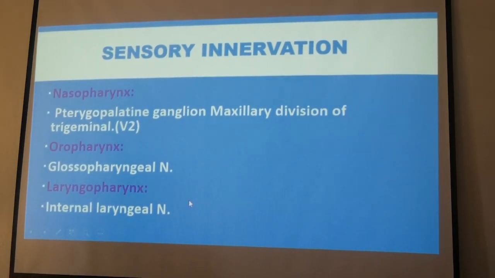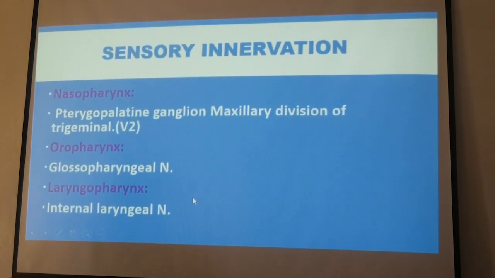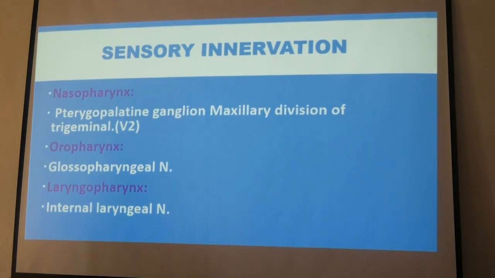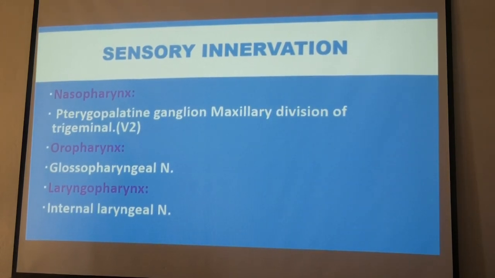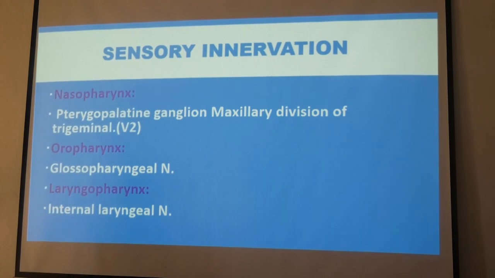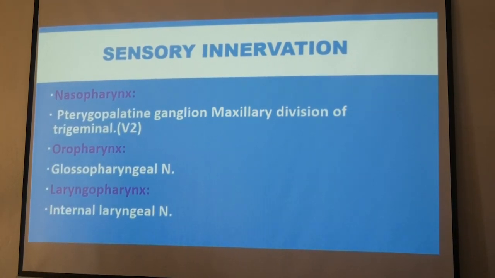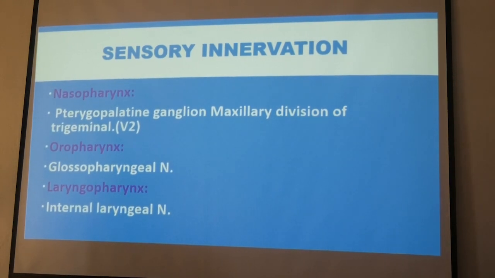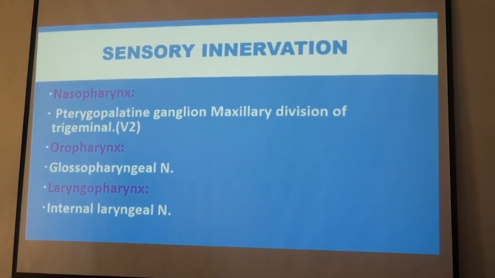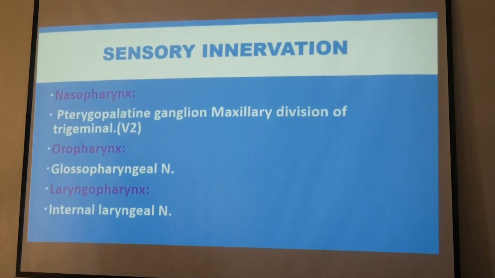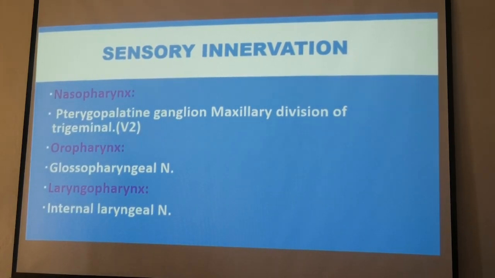What sensation comes with the sensory supply of the pharynx? In the nasopharynx there is olfaction. In the oropharynx there is taste, as well as the reflex and normal senses like pain, pressure, touch, temperature.